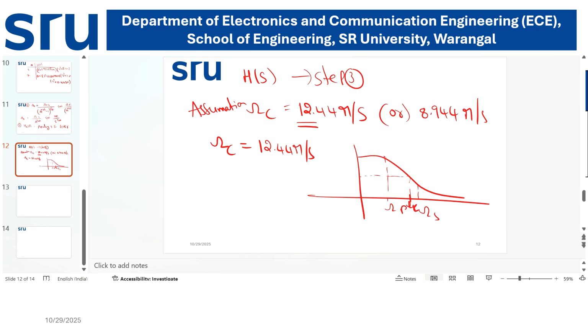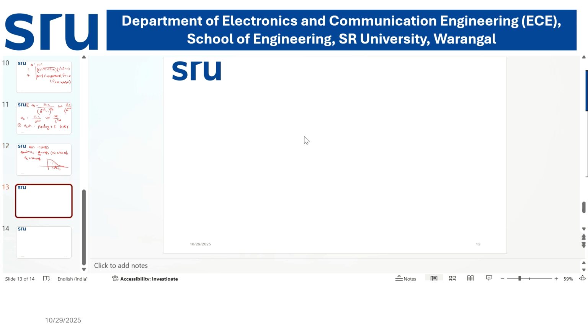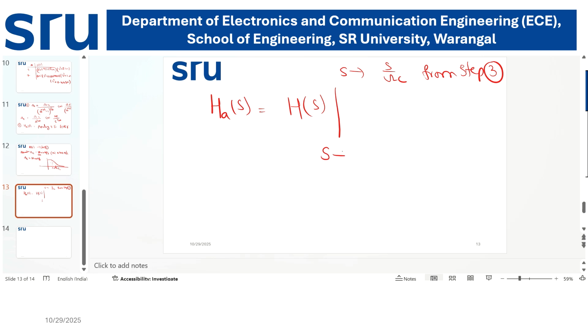Then the last step is finding the unnormalized transfer function, that is the overall analog filter. So the unnormalized transfer function is equal to, from step number 3, wherever you have H of s, it has to be replaced by s by omega c.